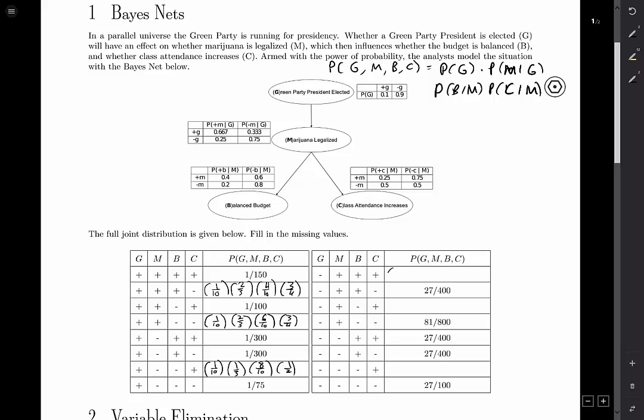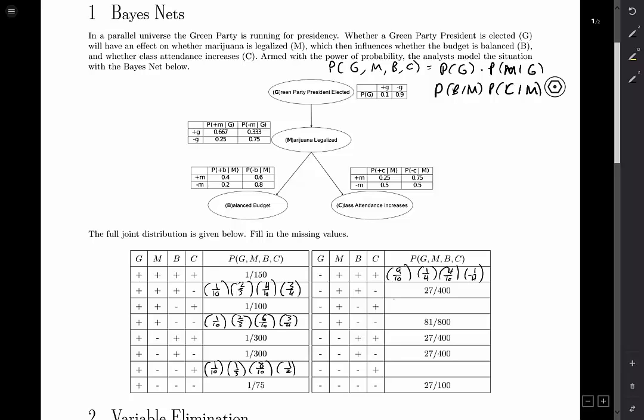Probability of minus G is 9 over 10. Plus M given minus G is 1 over 4. Plus B given plus M is 4 over 10. And plus C given plus M is 1 over 4.